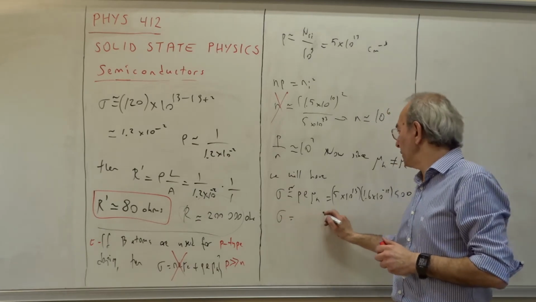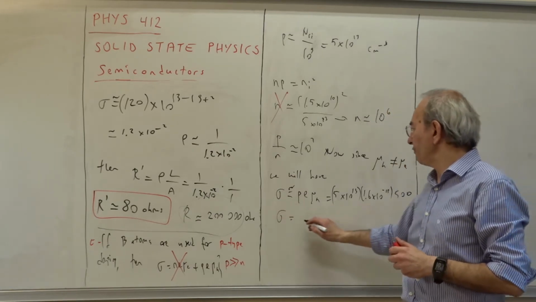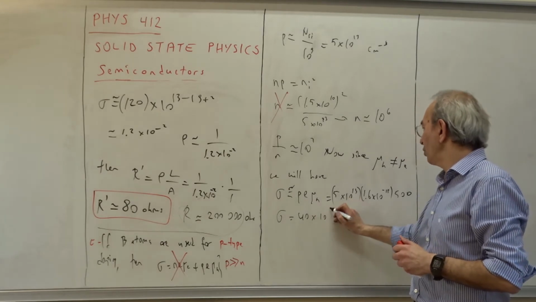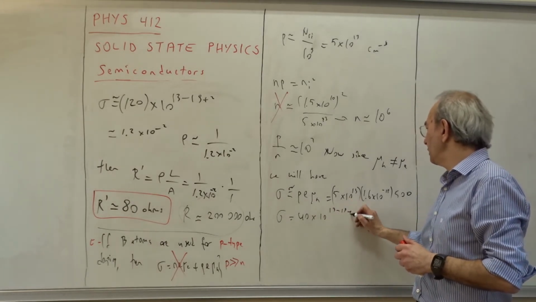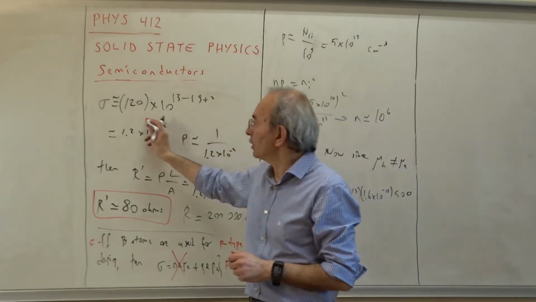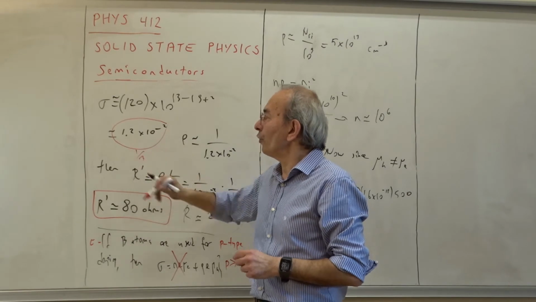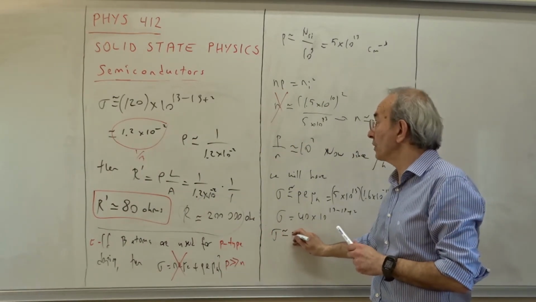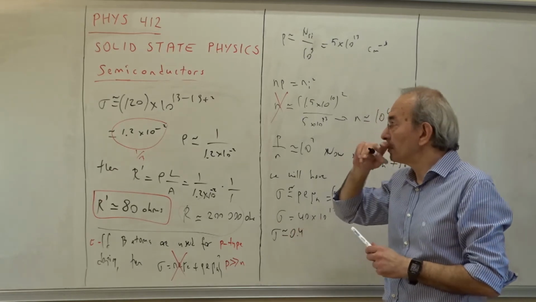So that sigma will be 8 times 5, 40, times 10 to the 13 minus 19 plus 2. So let me go back here. Instead of this number, we will have 1/3 of it. Sigma will be approximately 0.4 times 10 to the minus 2.